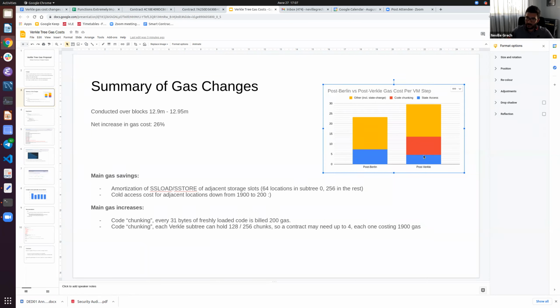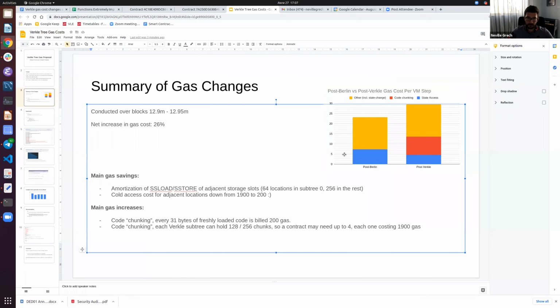And so the state access costs are reduced, but then of course the code chunking, so for every 31 bytes which needs to be loaded, you need to factor that in. That increases the cost significantly. I mean, as I said, we estimate around 26%.